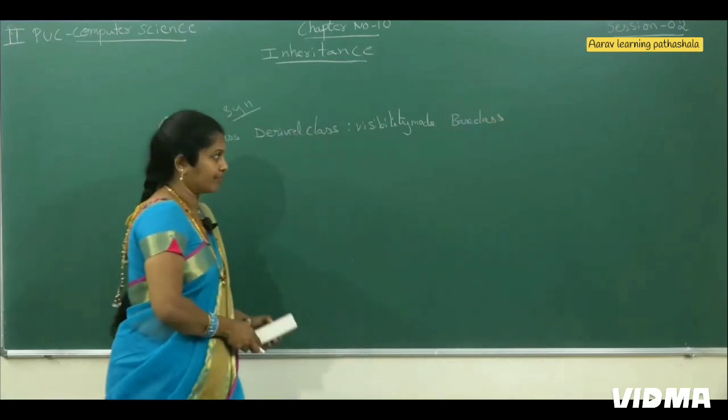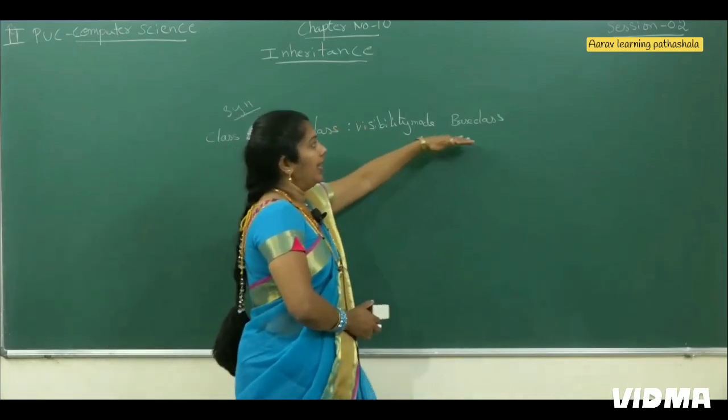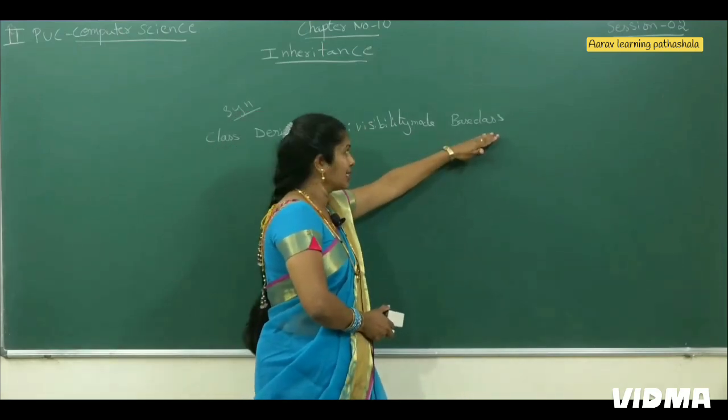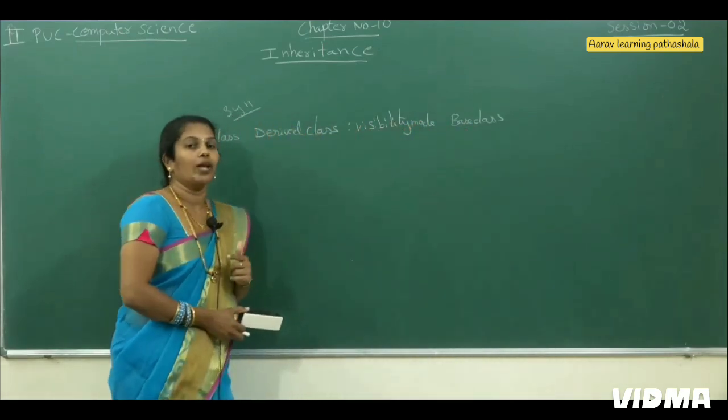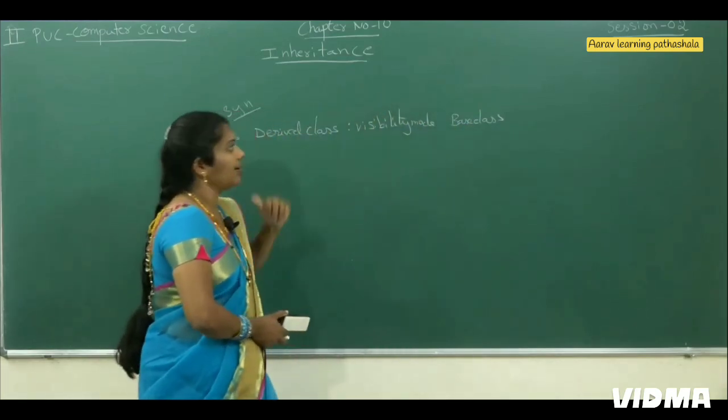This is the syntax we explained. Derived class is the new class and base class is the existing class. Visibility mode controls the access specifiers of the base class in the derived class.